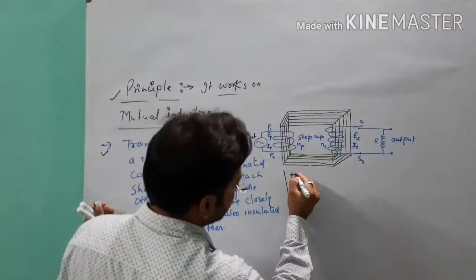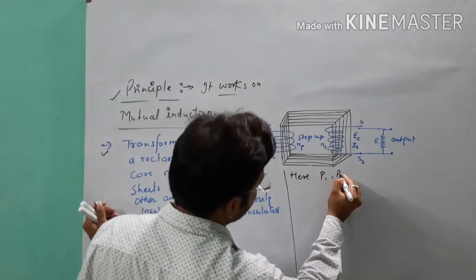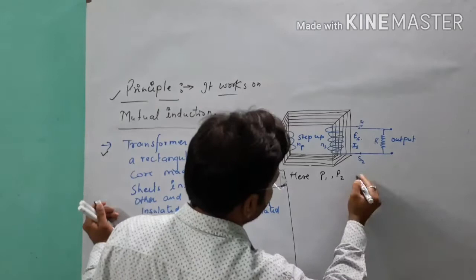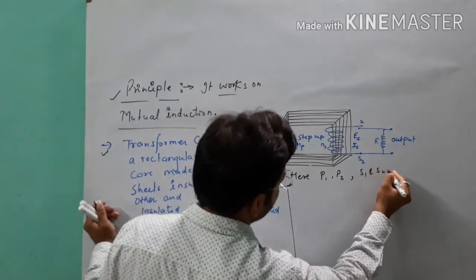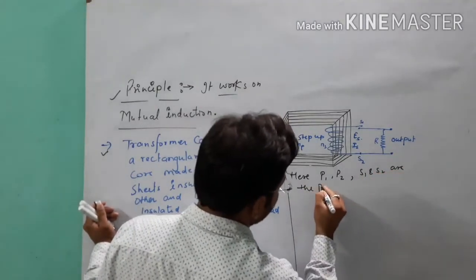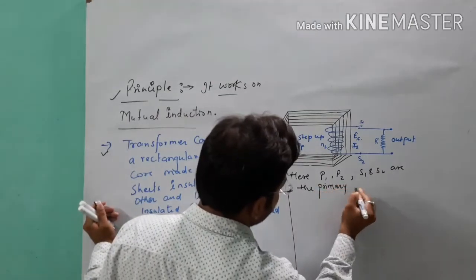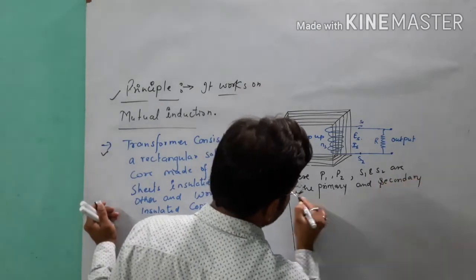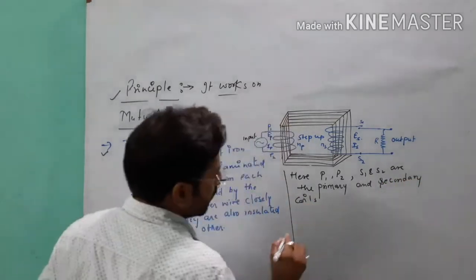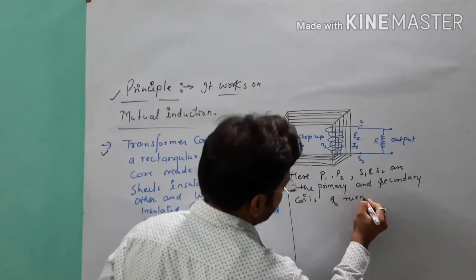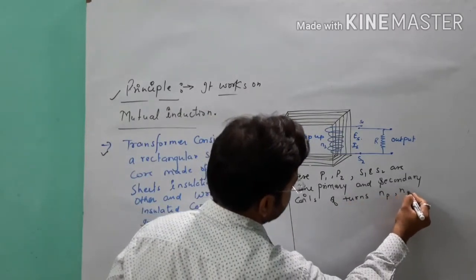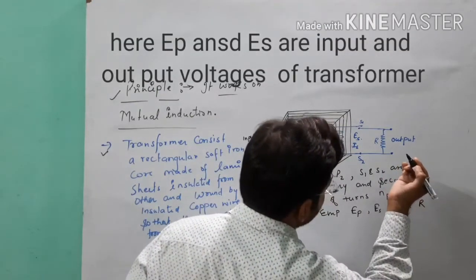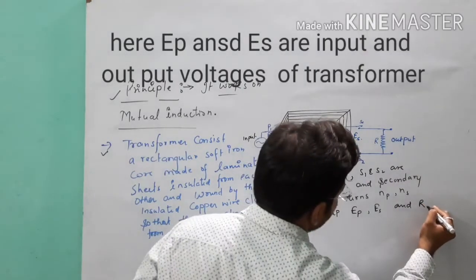So we can write here P1 P2 comma S1 and S2 are the primary and secondary coils of turns NP comma NS, and you can write RL.